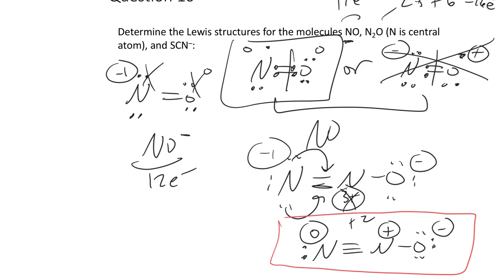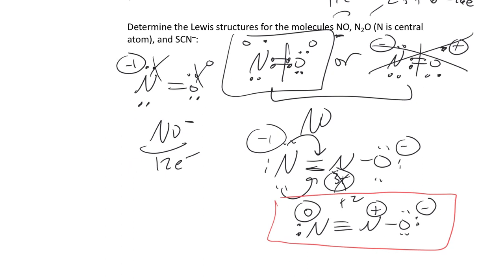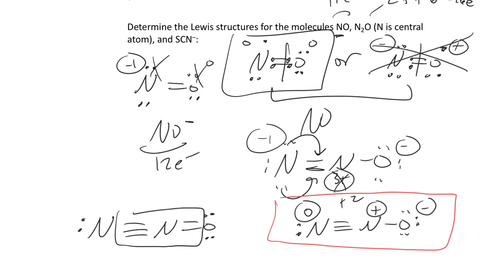Now you might be sitting there thinking, well, you just talked about minimizing magnitudes of formal charge. Why would this Lewis structure then be wrong? What's wrong with this one is I don't have enough space around nitrogen to pack 10 electrons. So second row atoms cannot expand their octet.